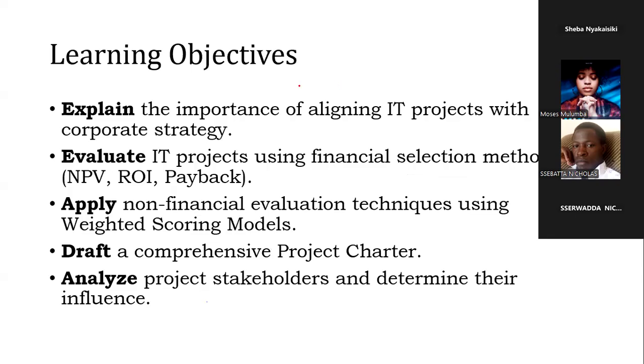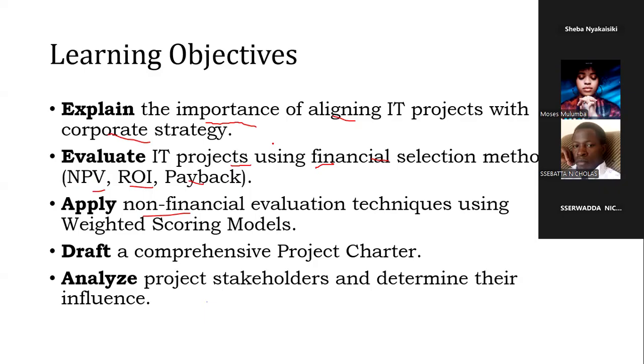So here, we want to explain the importance of aligning IT projects with corporate strategy, the overall business objective. So IT projects using financial selection methods, NPV, ROI, payback, we're going to look at some of those. Apply financial evaluation techniques.